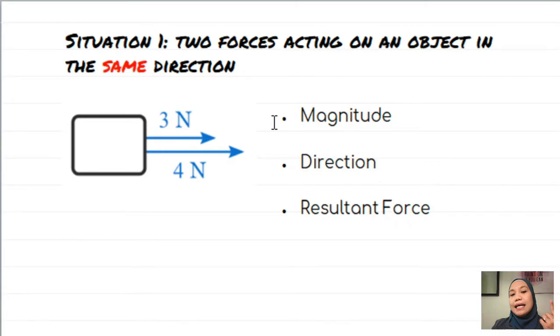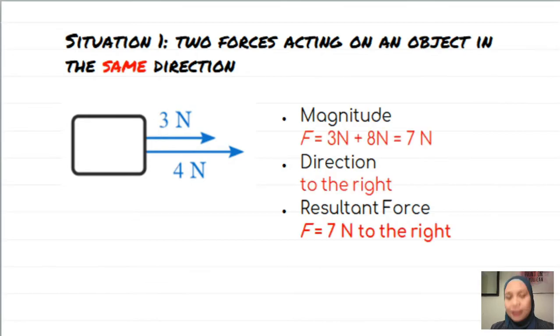It is positive because from the graph, we know that x to the right is positive. So the magnitude is 7 Newton, direction to the right. So the resultant force is 7 Newton to the right.